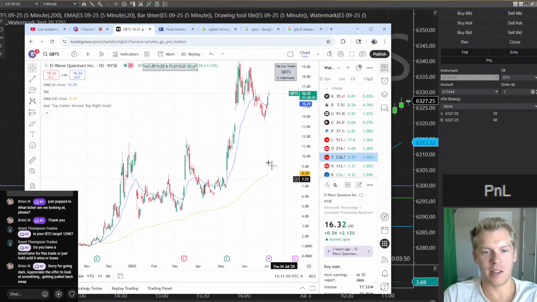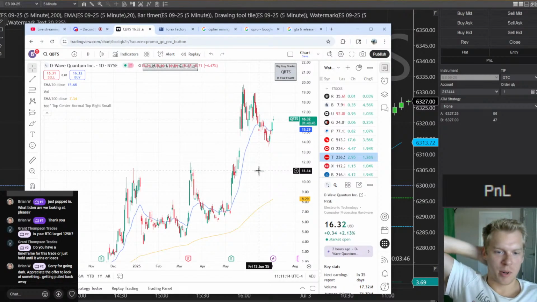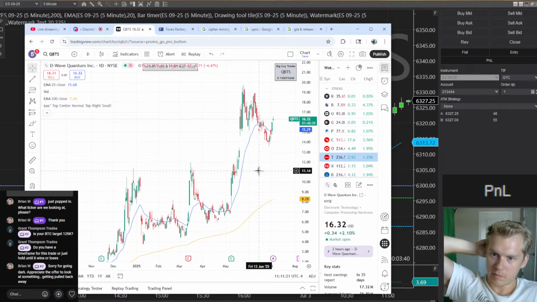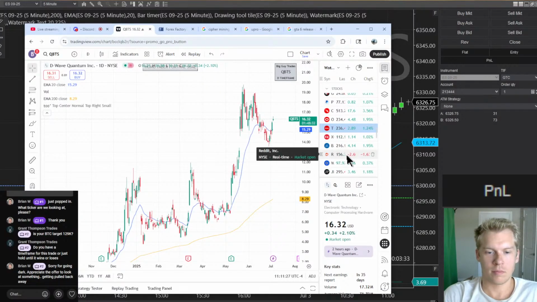Do you have a favorite one or two that you want to hold for a decade or more? Ooh, NVIDIA for sure is one of those on the list. That's one that I will hold till the cows come home.